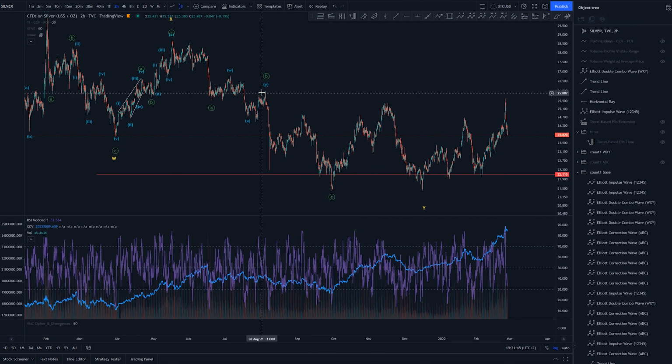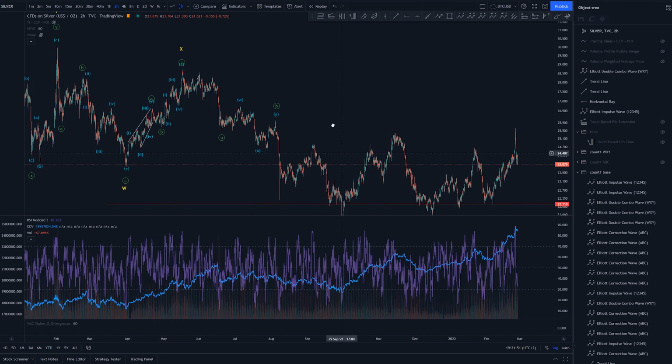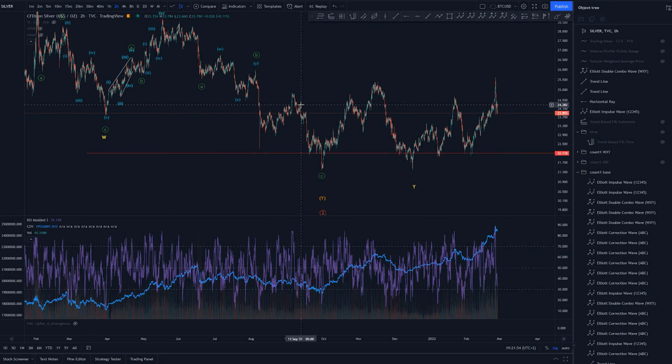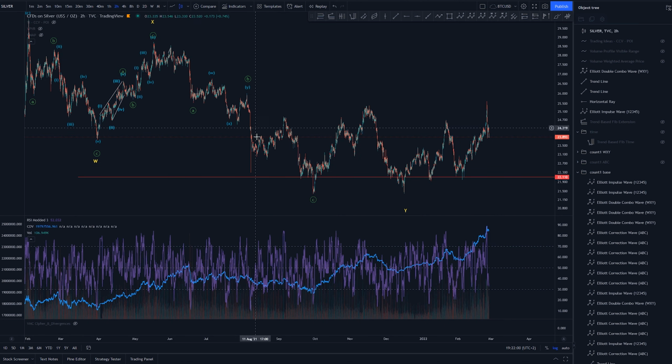and well, another problem. This doesn't look like 5 waves. This looks like 1, 2, 3.